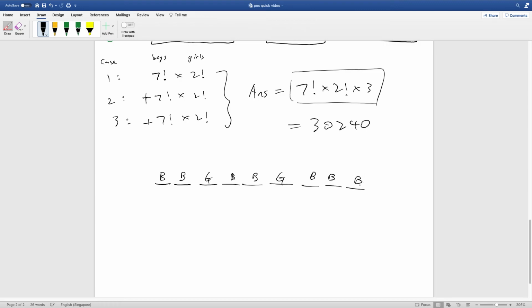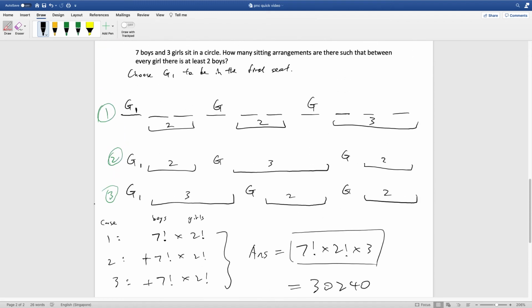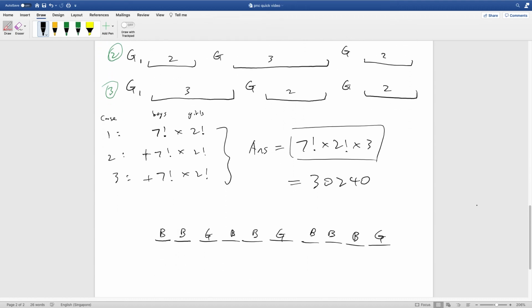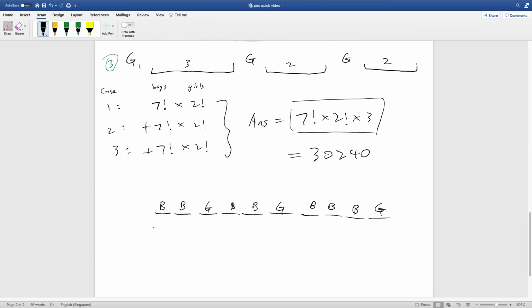Oh wait, I'm missing one girl, so let's say like that. Hold on, 1 2 3 4. My point is, it's much easier to think about it in this suggested way by fixing one of the people in the first seat instead of thinking like that, and then you need to think how many ways are there for them to permute. But once they permute, would it divide by 10 or something?